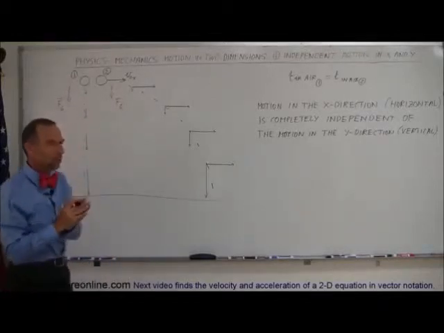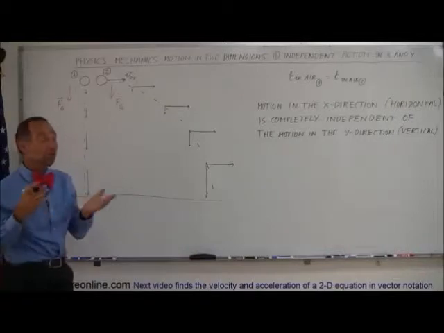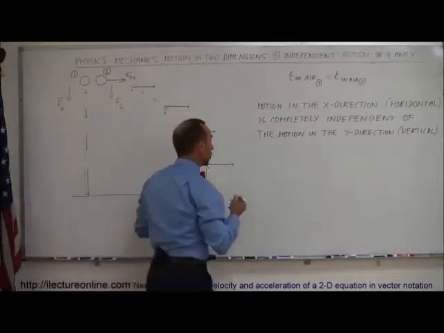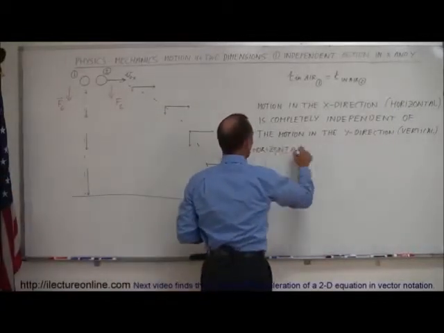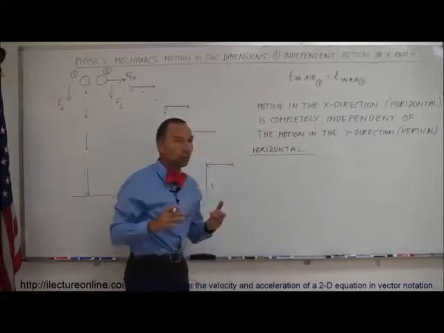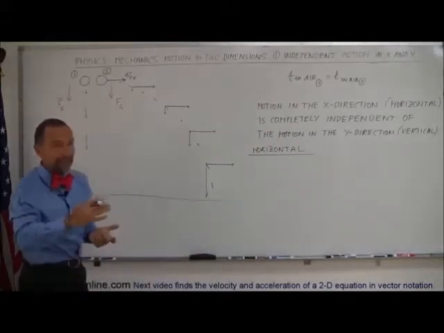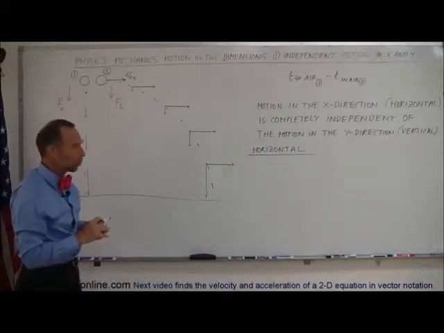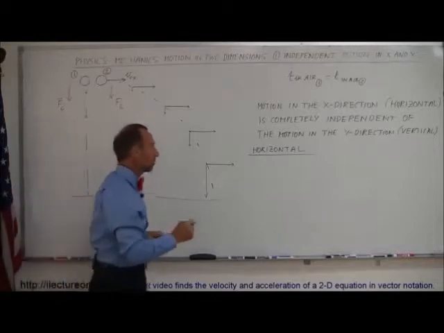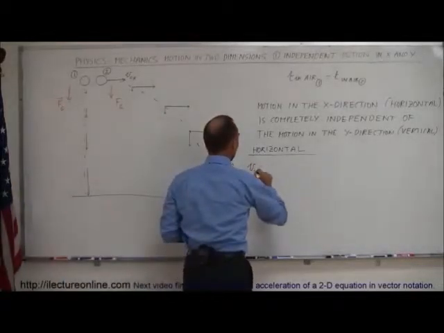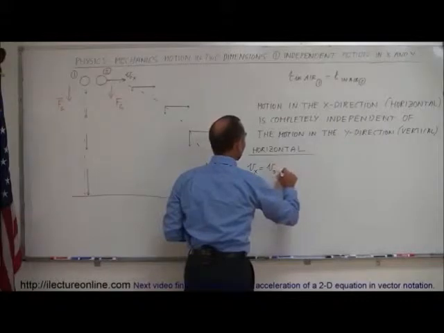So let's now talk about how we describe the equations of motion in the 2 dimensions. For the horizontal, since there are no forces acting in that direction, there's no gravity in the horizontal direction, we can simply say that the velocity in the x direction is equal to the initial velocity in the x direction, and it doesn't change.